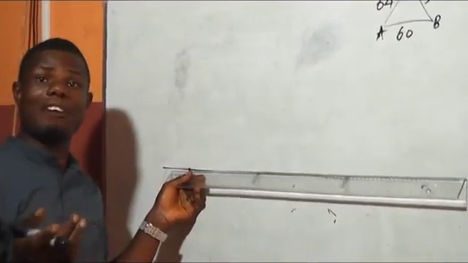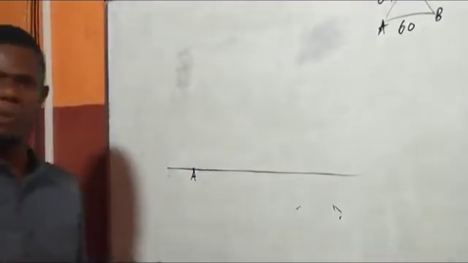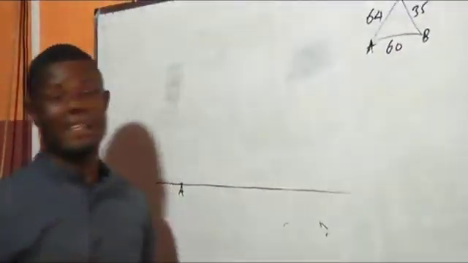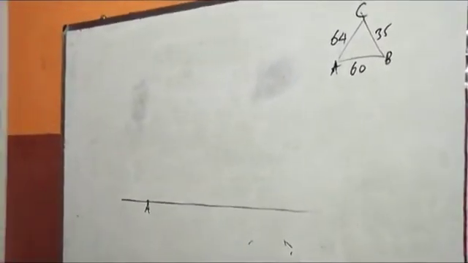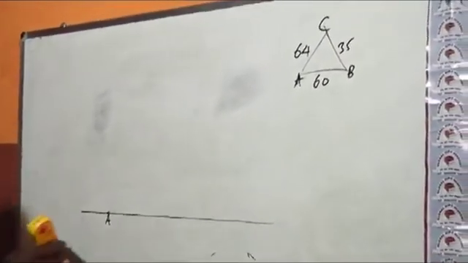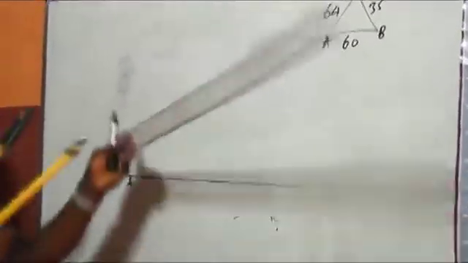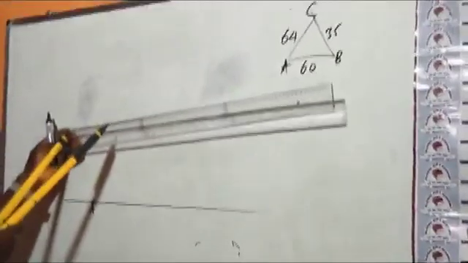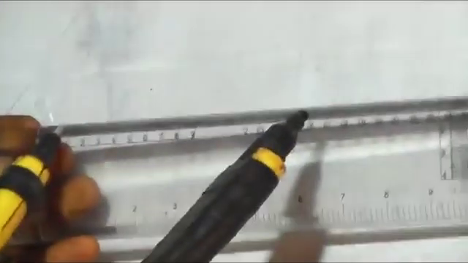If you have a ruler that has millimeter already, then you measure from 0 to 60. We are going to be assuming some of these dimensions, since we can't really use the ruler on the board. So let's assume that from here to here is our 60 millimeter. You are going to measure your own on your ruler.